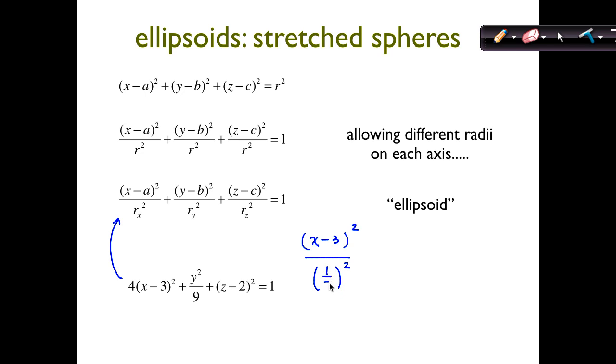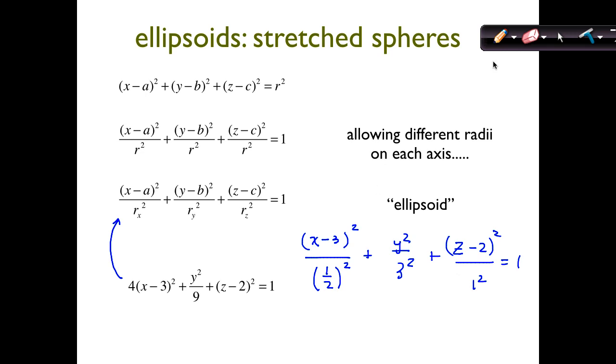Isn't that dividing by 1/2 squared? And then if I'm dividing by 9, that's what squared? And now I just got nothing, so I'm dividing by 1. This form now gives us an ellipsoid, and gives me my 3 different radii in the x, y, and z directions.